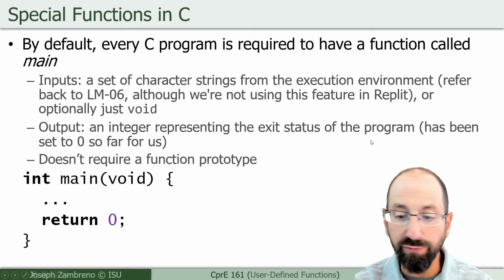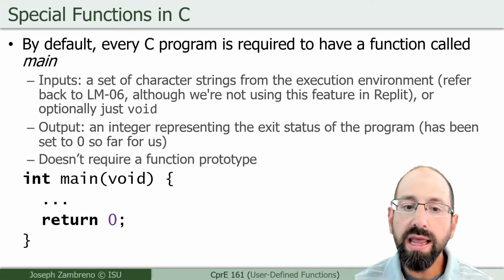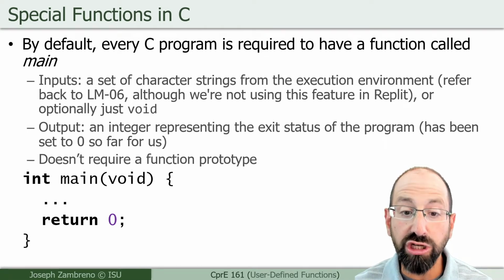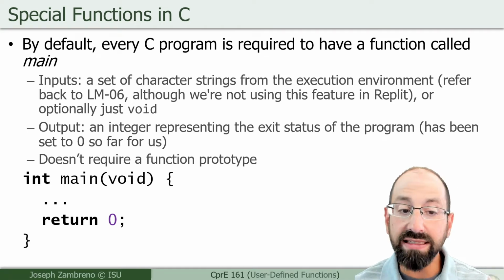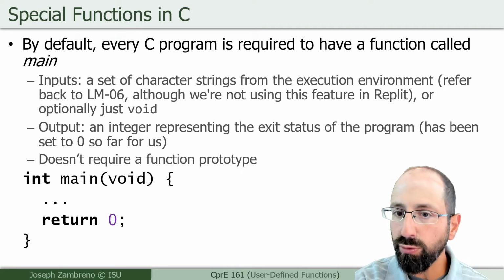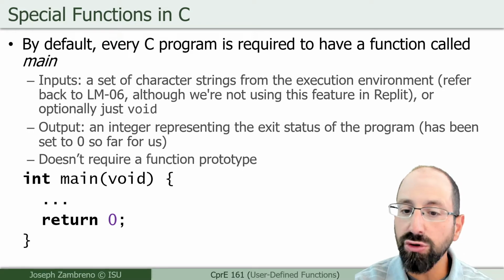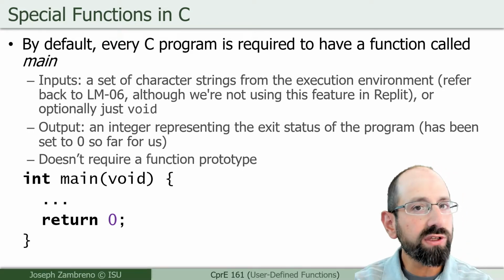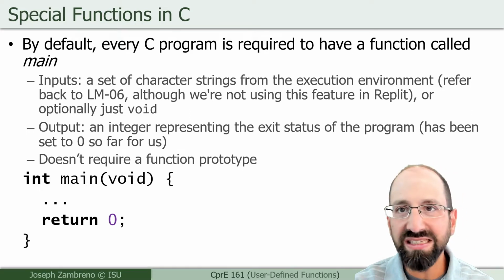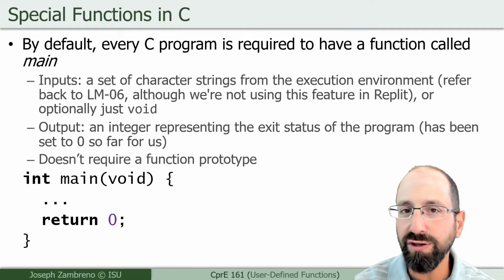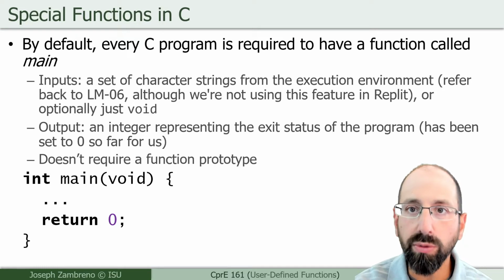By default, and for every program that we've written so far, every C program is required to have at least one function, and that function is generally called main. It has an optional input, which is a set of character strings provided as input to the execution environment. We briefly touched upon this in LM-06, but in our Replit automated testing environment, we really can't use that feature well, so we're not using it for any of our programs.